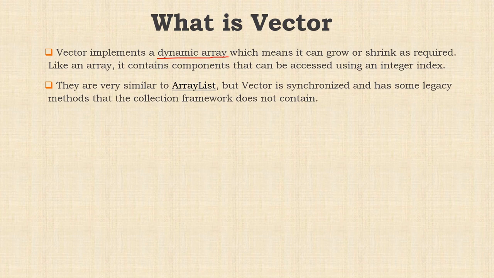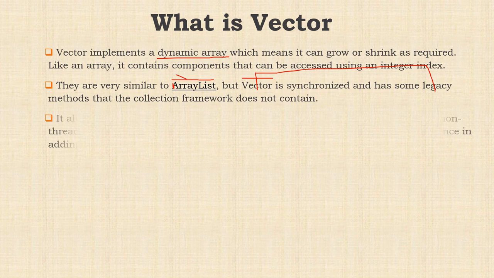They are very similar to ArrayList, but vector is synchronized and has some legacy methods that the collections framework does not contain. So there are some legacy methods inside vector, but in ArrayList there are no legacy methods. ArrayList was introduced in Java 1.2, but vector was introduced in Java 1.0, at the very start.